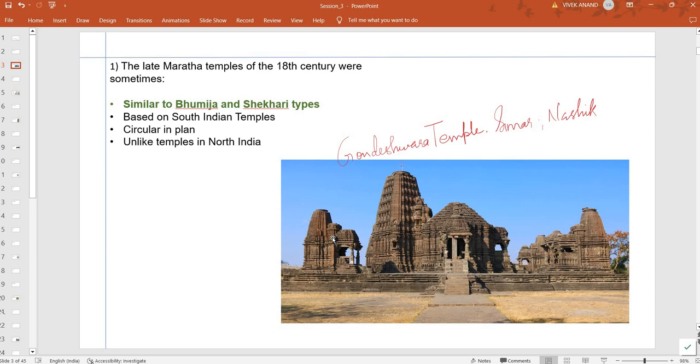Okay, so if not Bhumija, then which style? This is Latina style, the most basic. This structure is of Latina style.